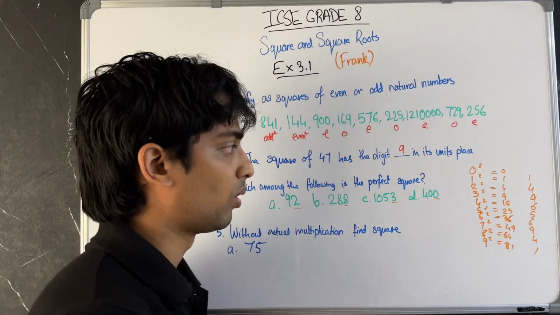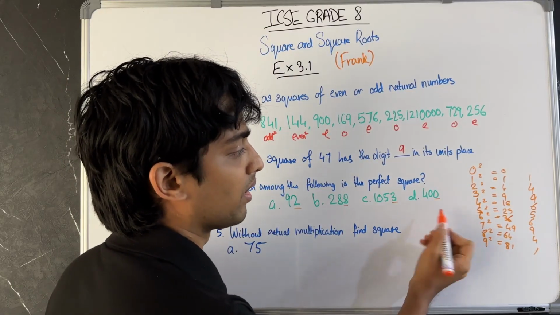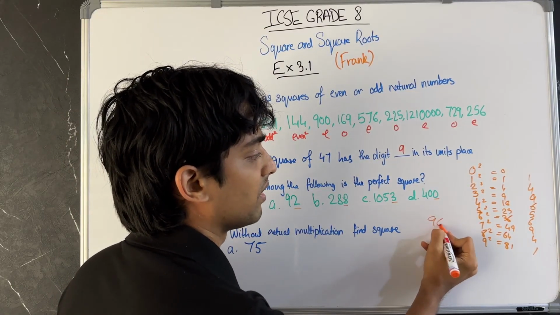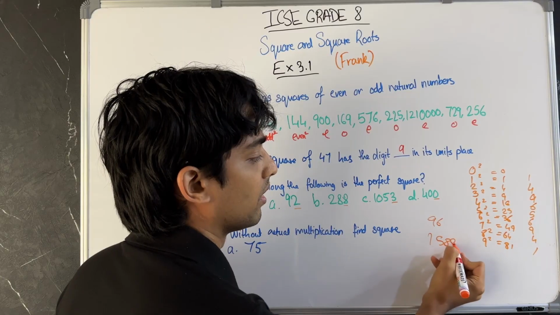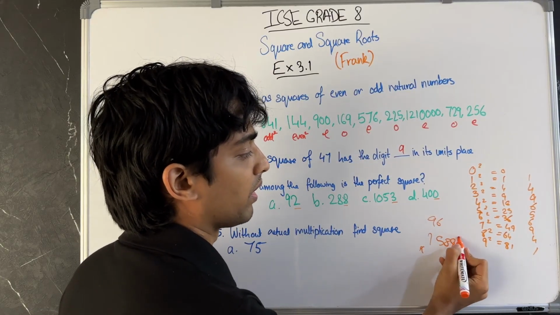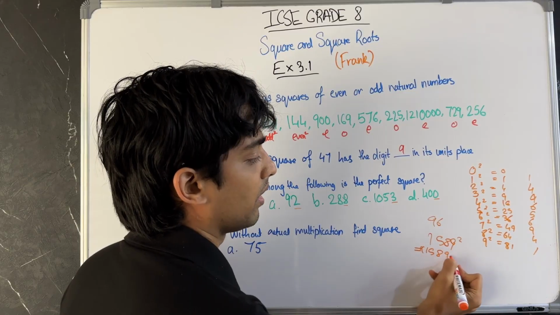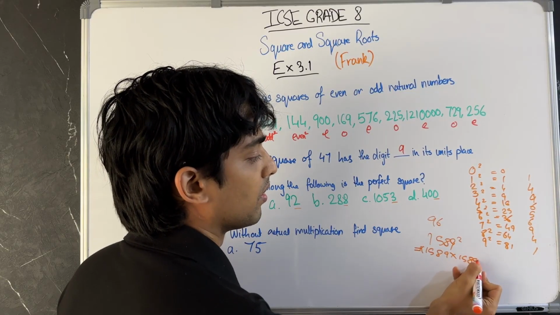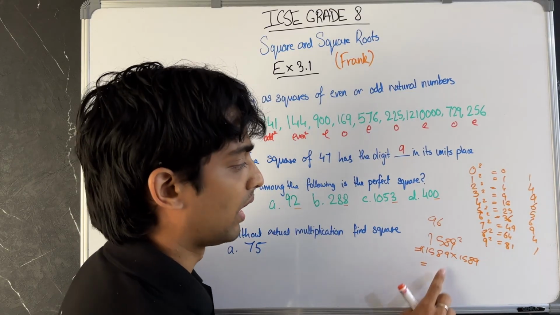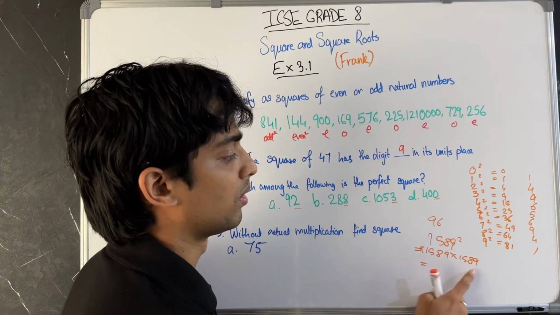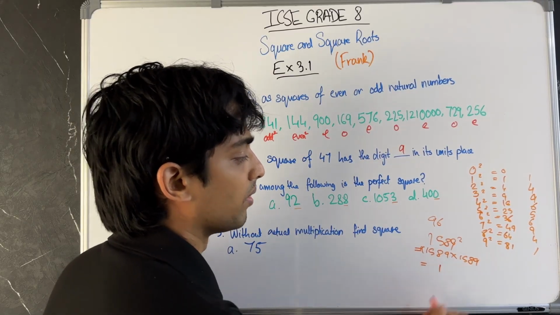Why? Because whenever we multiply a number by itself, let's say 96 or 1589, we want to find the square, so we multiply it by itself, 1589 into 1589. So the last digit will be what? Last digits of the numbers. 9 9s are 81, so 1.